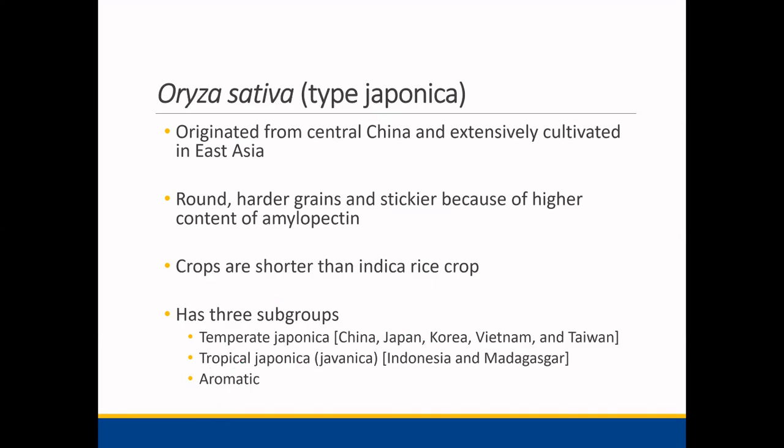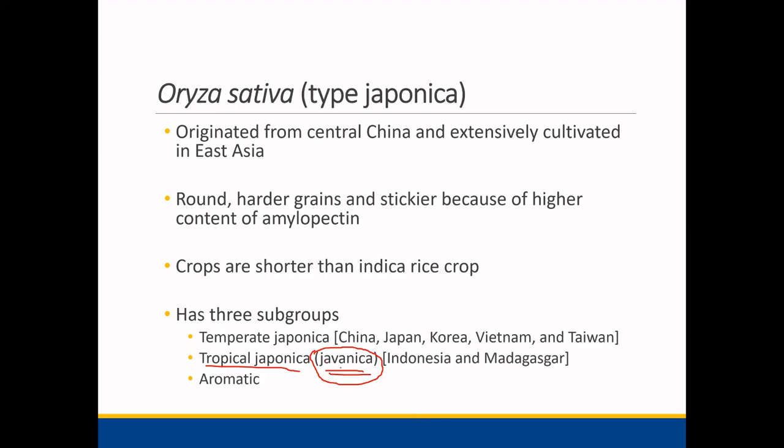And then the tropical japonica, the japonica type that's cultivated predominantly in tropical countries, is also called javanica. Sometimes they name it Oryza sativa japonica or javanica.